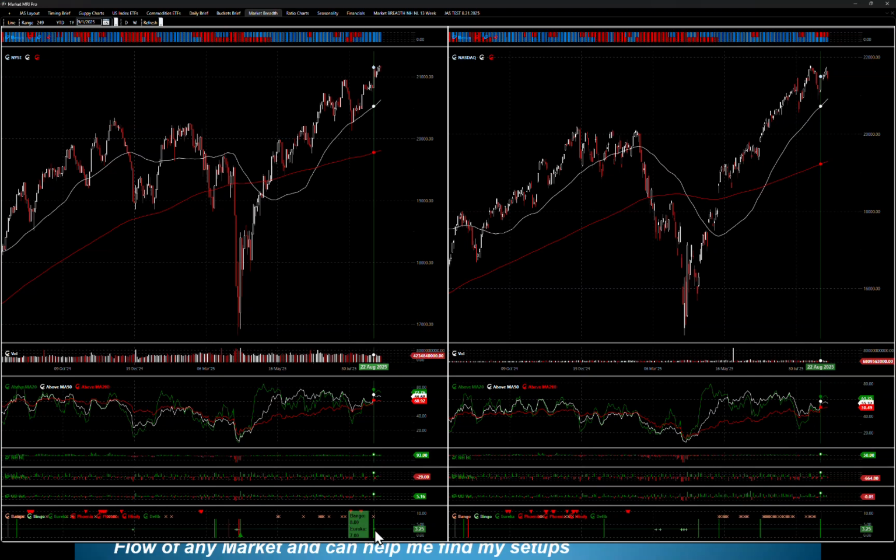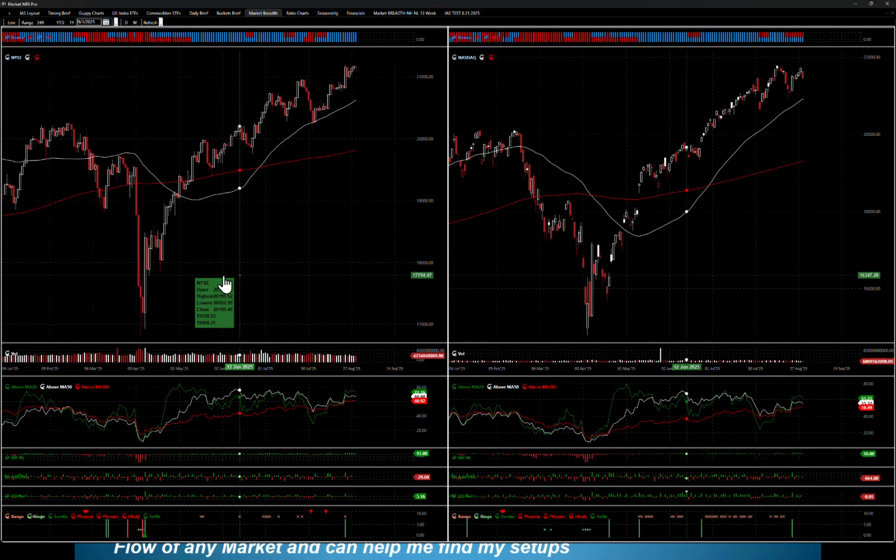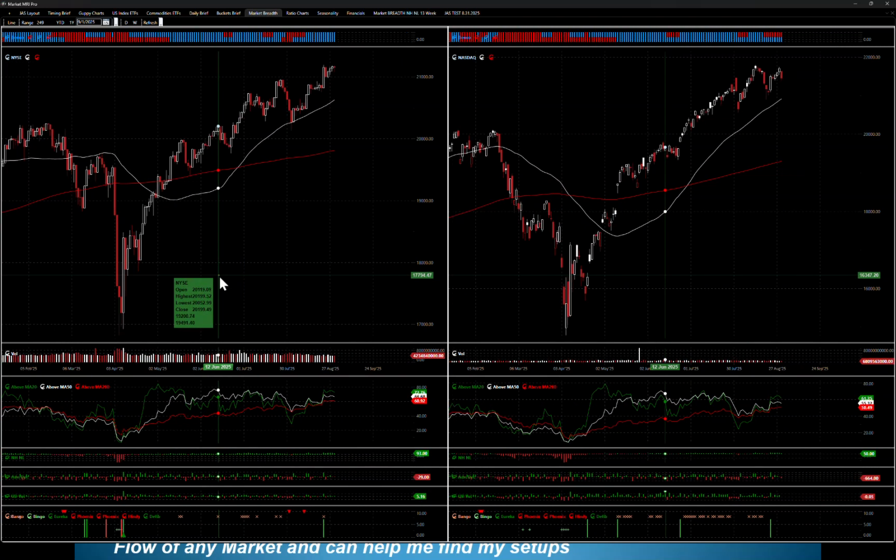A follow through day says that after the market has made a positive move in a downtrend, if within X days, starting on day 3 I believe, you have a 1% move in an index on higher volume than the day before, that's a follow through day, and that's a reversal to the upside.